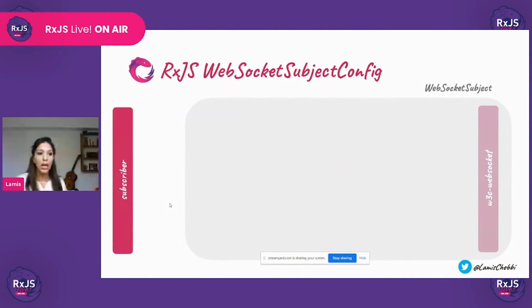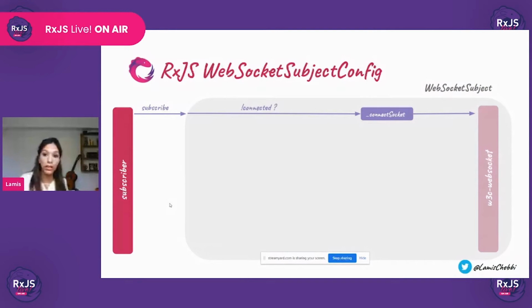Under the hood, I tried to put here the algorithm of the RxJS WebSocket subject. When you subscribe, if you're not connected already, then the connect socket will be triggered and will establish a connection for you.